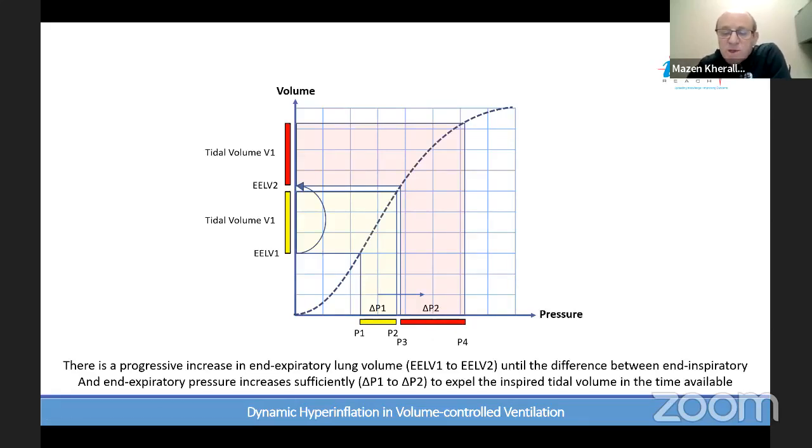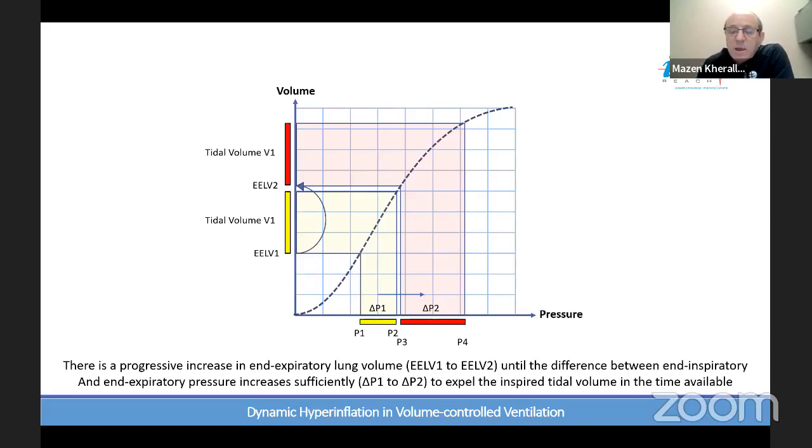So when the inspiratory pressure is high, going from inspiratory pressure to the Auto-PEEP level would be enough gradient to push the air out. So no more hyperinflation, no more air trapping. So air trapping stops at a certain point, whether it's volume control mode of ventilation or pressure control mode of ventilation.